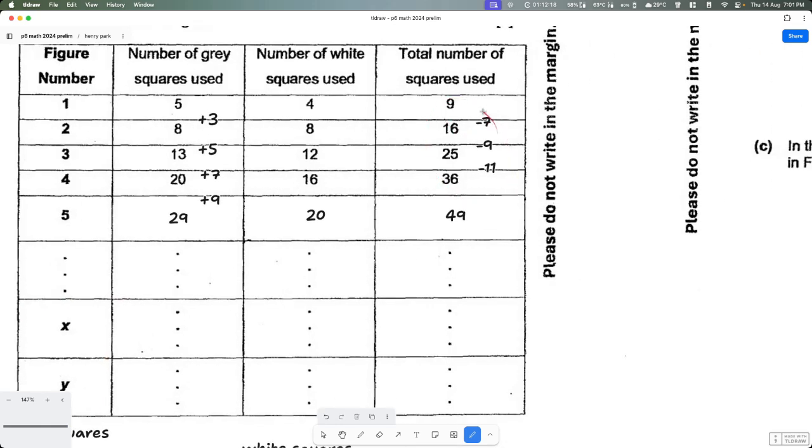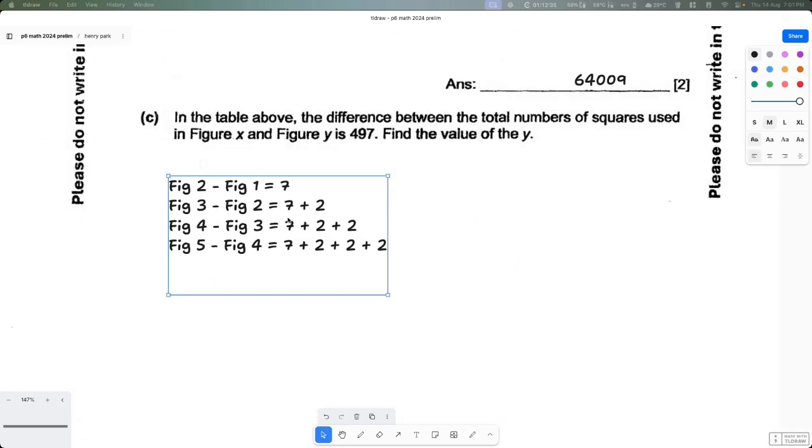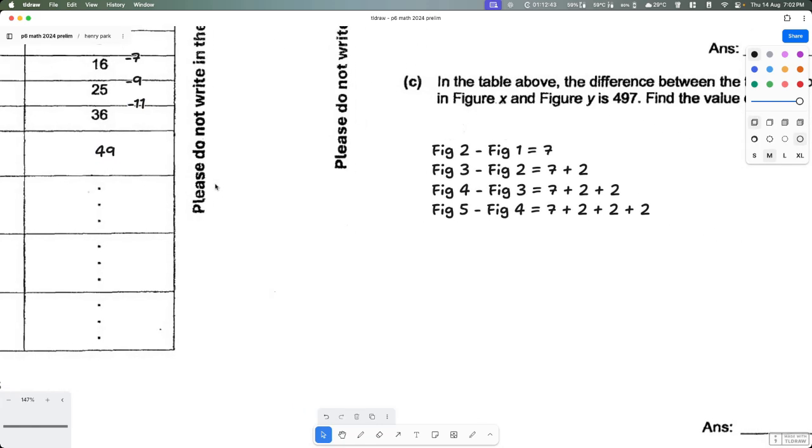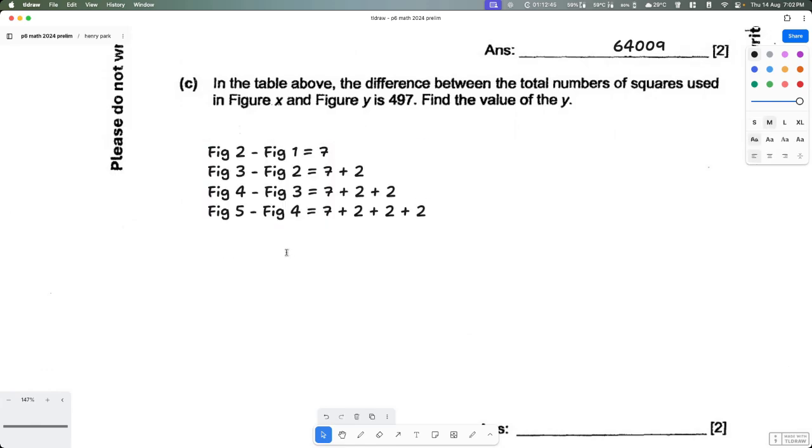So from 9 to 16 is negative 7, 16 to 25 is negative 9, and 25 to 36 negative 11. So if I were to put into like a pattern, it will look something like this, right? So 9 is basically 7 plus 2, 11 is 7 plus 2 plus 2, and then this should be 13 as well. Okay, so from that, that means in this case over here, figure n plus 1 minus figure n is equal to 7 plus 2 times n minus 1, right? That's what you see over here.